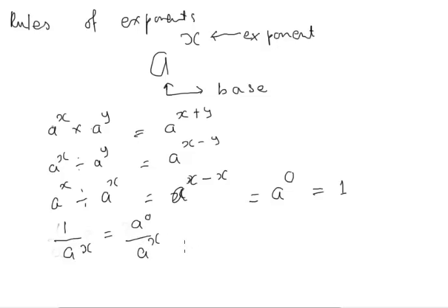Isn't it? It's true, isn't it? Then this is a to the power 0 minus x, and so we've got a to the power minus x. I think we used this when we were graphing our power half, or half to the power n. Okay.